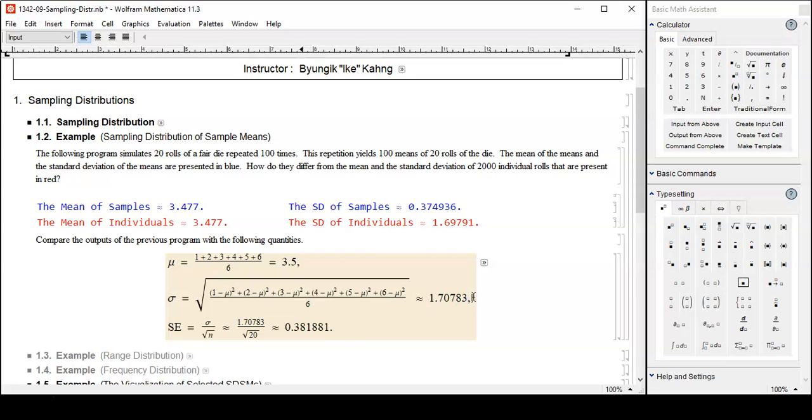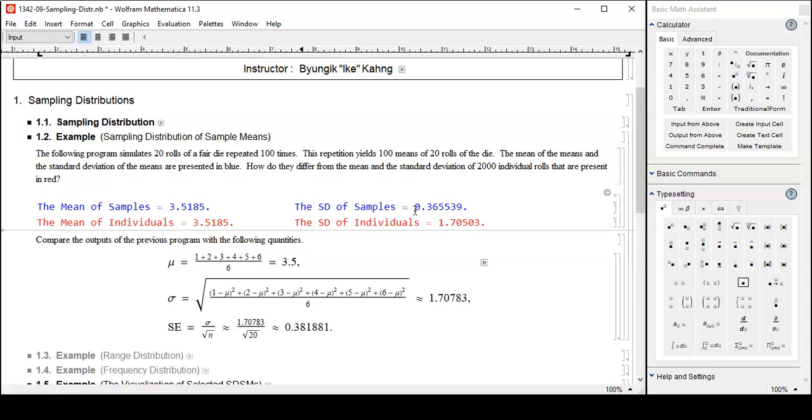And what do you get? 1.707 something. And that's pretty close to the standard deviation of individuals. Let's run it again. Do we get something close to 1.707 each time I run? Yes, indeed. Give or take a little bit, but that's where these numbers are hovering around.